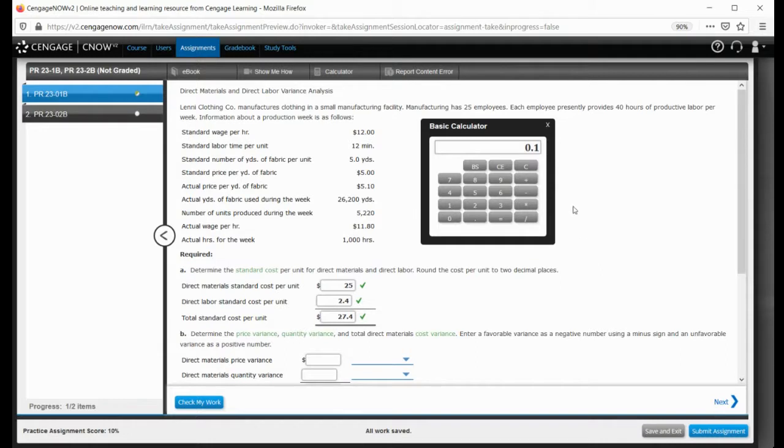The variance amount is going to be multiplied by the actual quantity of fabric used. The actual quantity of yards of fabric that was used is 26,200. So we're multiplying that 10-cent unfavorable variance times 26,200. What that will give you is 2,620.